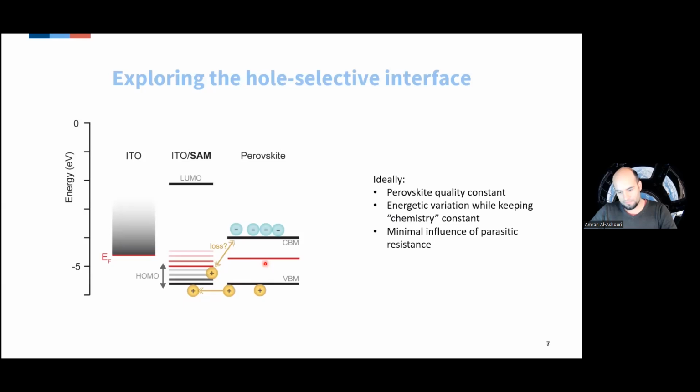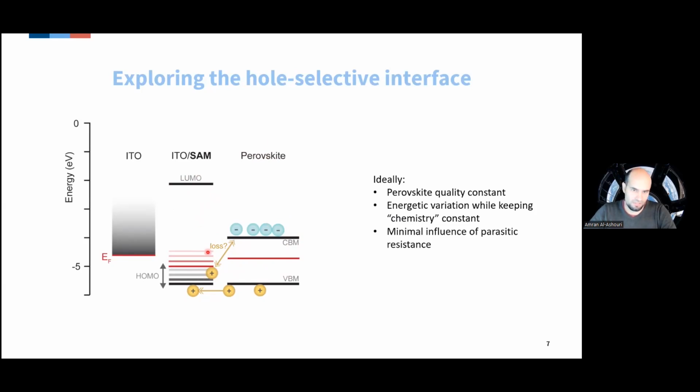And what I've done is looked at this experimentally. So we have a lot of different hole-selective layers that are self-assembled monolayers for a good reason, because ideally when you want to study such a system, you want the perovskite to remain constant, the perovskite quality, the crystal quality, to just not change, because usually you put the perovskite onto the hole-selective layer, and thus you could change the crystallization, which would make evaluation quite difficult, right?